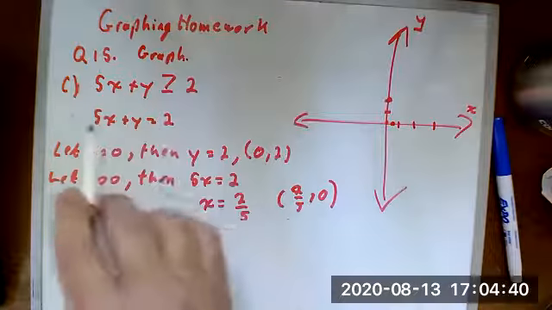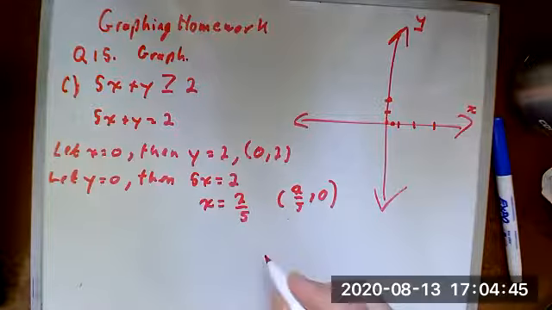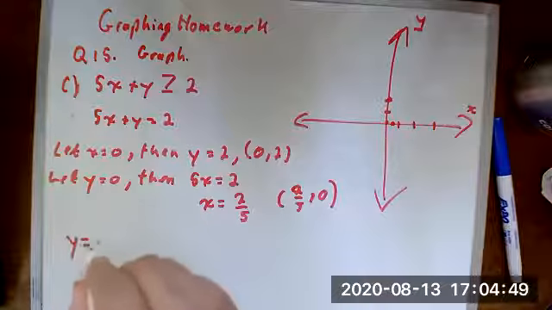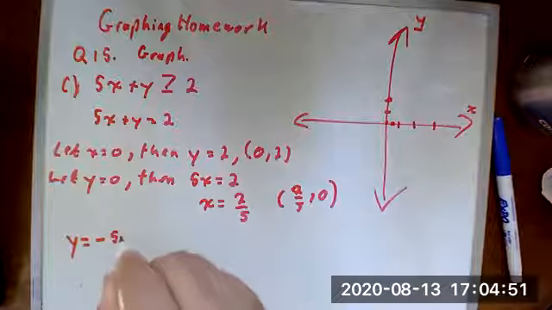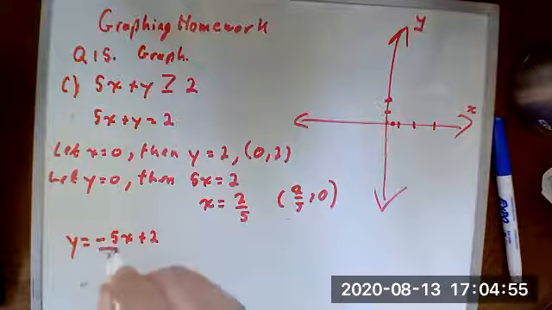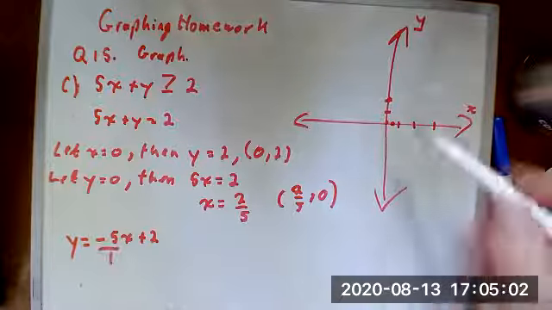So rearranging this, it's very quick, easy. The 5x simply comes over, and so we end up with y equals negative 5x plus 2. We treat this as over 1. It's a little bit easier to see the slope that way. So this would say I'm going to go down 5 and over 1.